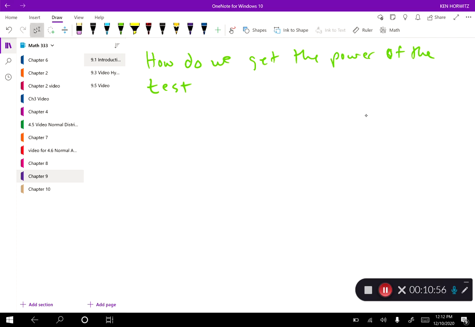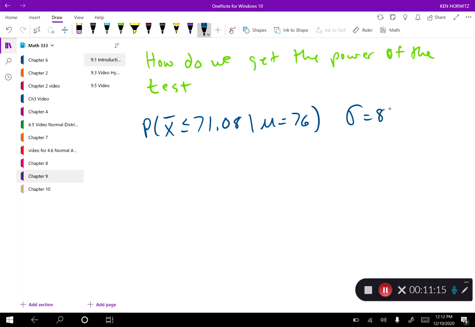I want to know the probability that x bar is less than or equal to 71.08 given that mu equals 76. And again, standard deviation is 8. Our sample size is 16. So let's get our z value.